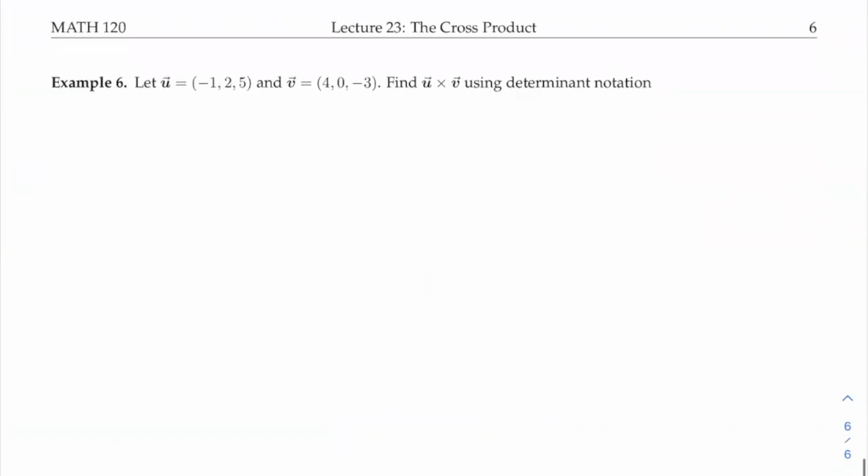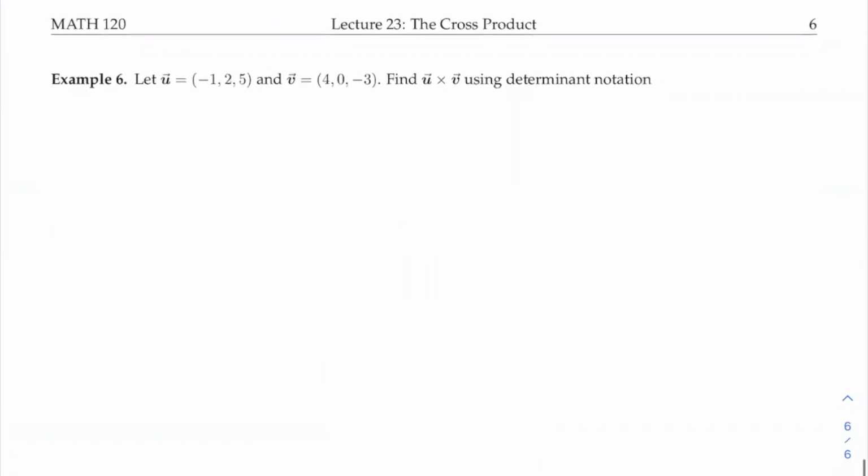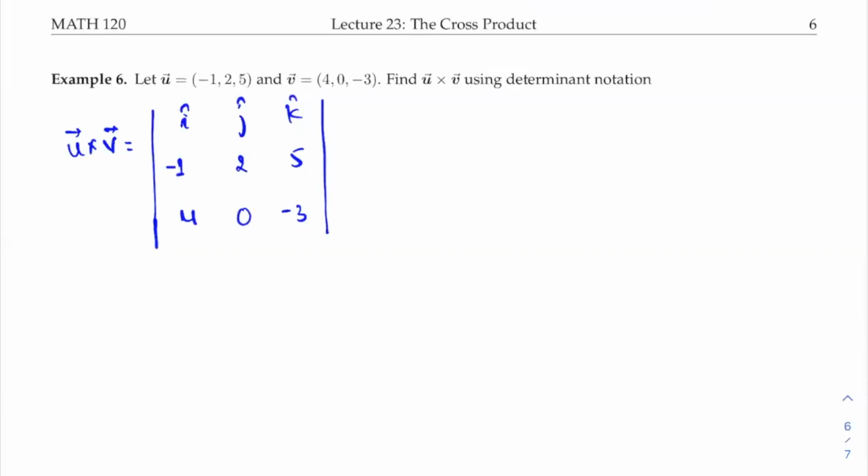In example 6, we're going to calculate the cross product of two vectors using determinant notation. The cross product of U cross V is equal to the determinant of i, j, k, -1, 2, 5, and then 4, 0, -3. So here I get i times the determinant of 2, 5, 0, -3.